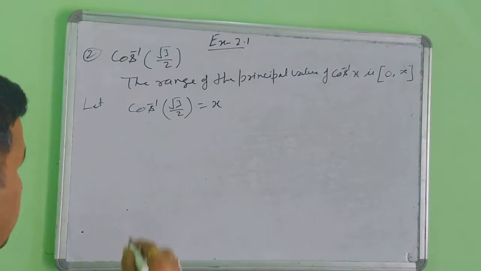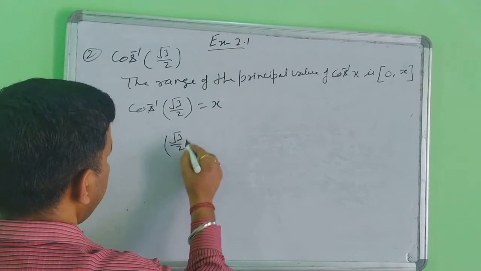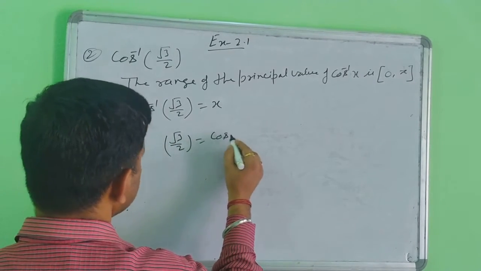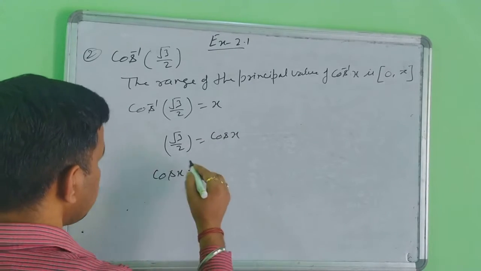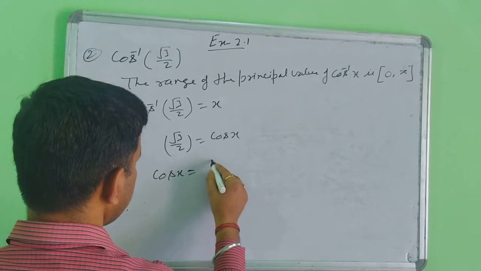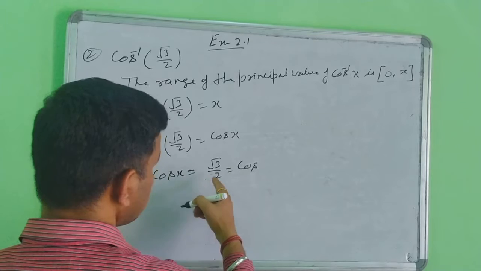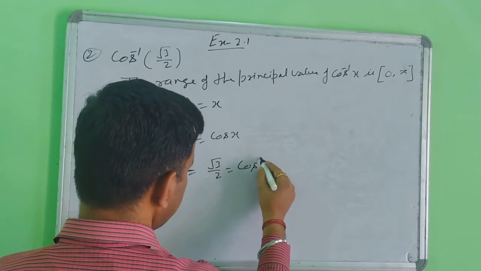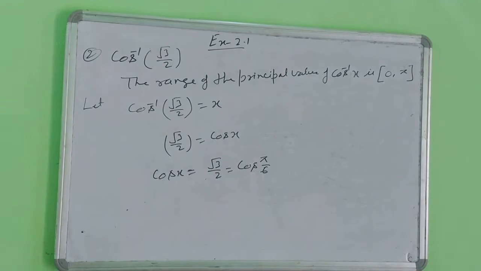So then root 3 by 2 equal to cos x. This means cos x equal to root 3 by 2. It means this is the value of cos 30. Cos 30 means pi by 6. This is pi by 6.